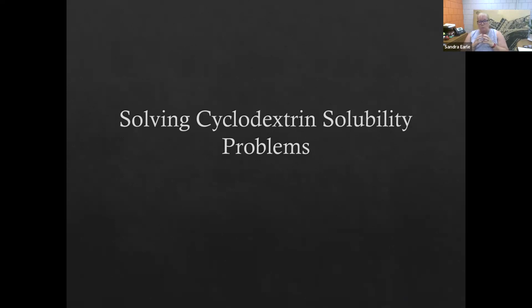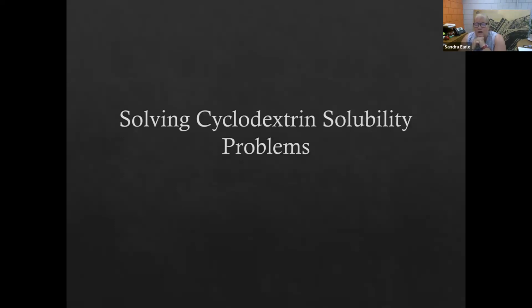So what we want to know is how much cyclodextrin we need to add to get the concentration that we need of our drug. So maybe we can't get a concentrated enough solution without adding this invisibility cloak called cyclodextrin. So we can solve that problem.